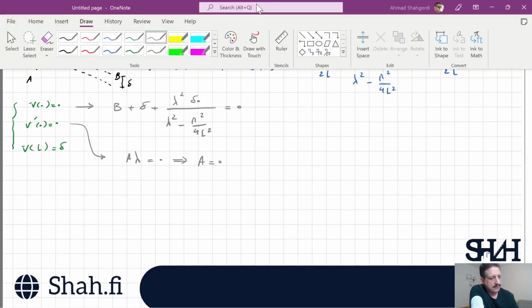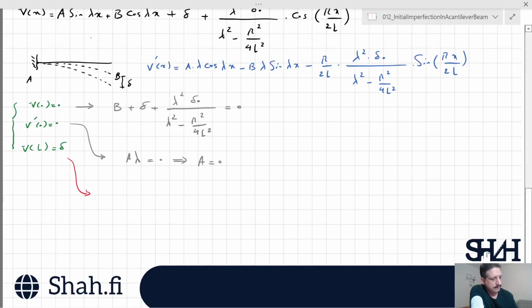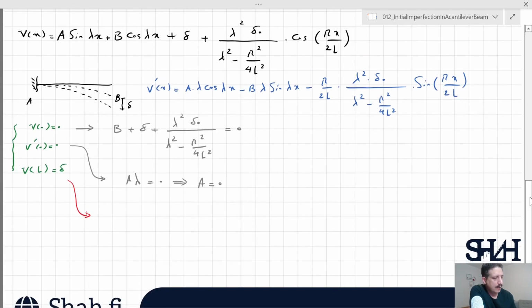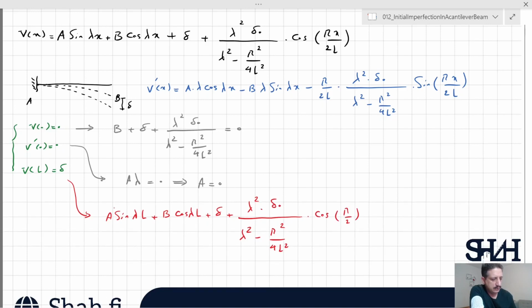And from the third equation, A sine lambda L plus B cosine lambda L plus delta plus lambda square delta 0 divided by lambda square minus pi square divided by 4L square cosine pi over 2 should be delta.